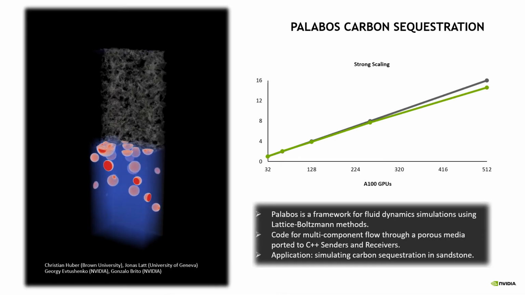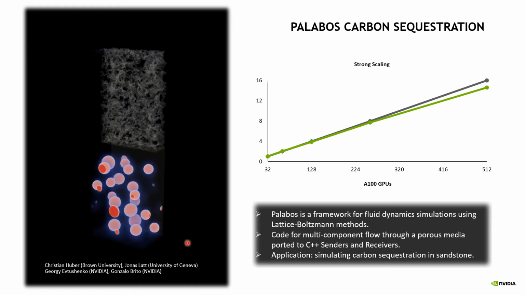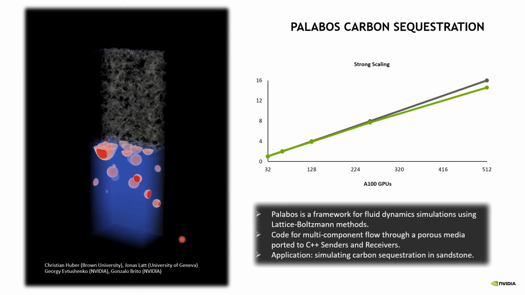And here we're using that same prototype on a real application. This comes from the Palabos framework, which runs computational fluid dynamics simulations using the lattice-Boltzmann method. And this illustration on the left was provided by Dr. Jonas Lott and Christian Huber from University of Geneva and Brown University, respectively, that demonstrates carbon sequestration in a porous media.